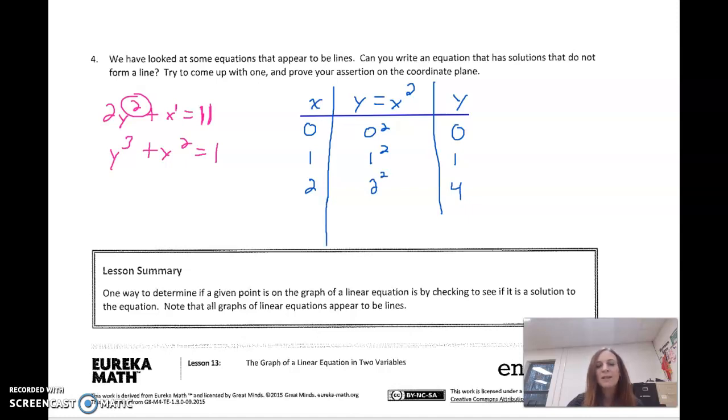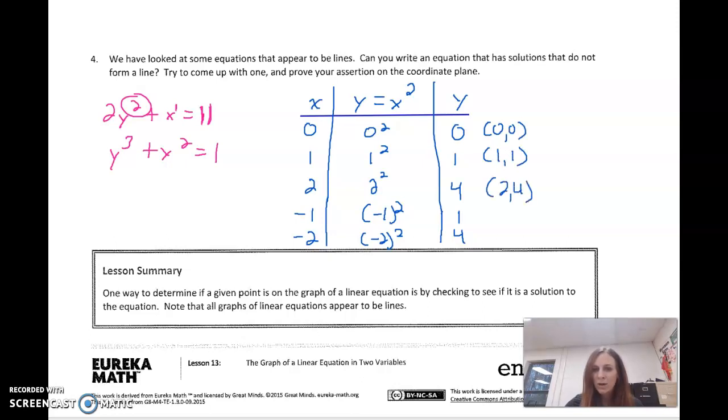Now, what if I get some negatives in here? What if I said negative 1? Well, negative 1 to the second power means negative 1 times negative 1, so that'd be a positive 1. If I did negative 2, negative 2 times negative 2 is a positive 4. So these points are 0, 0, 1, 1, 2, 4, negative 1, 1, negative 2, 4.